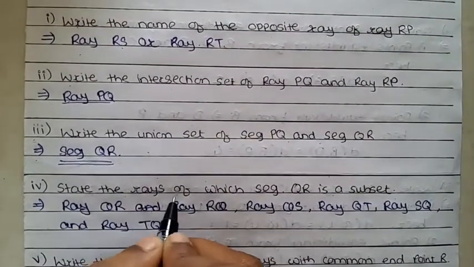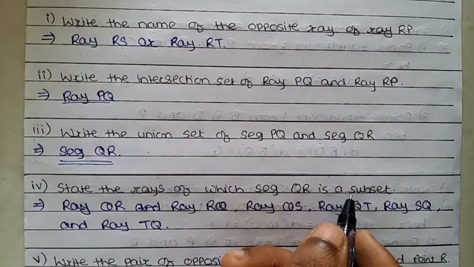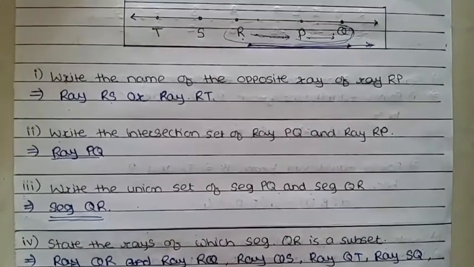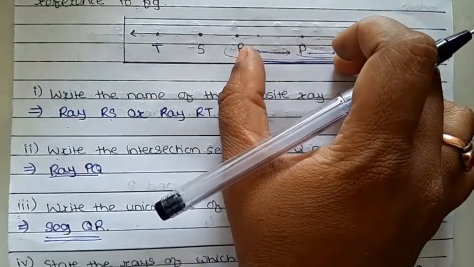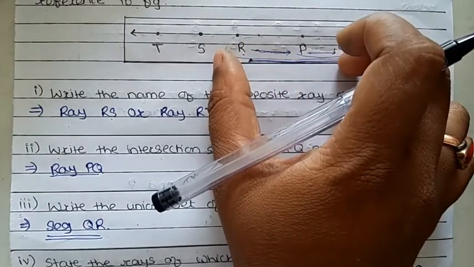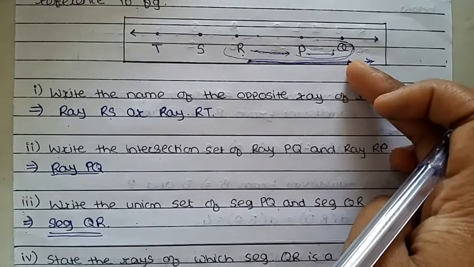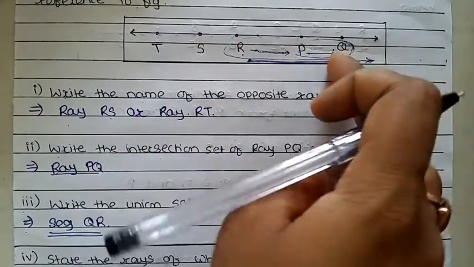Now next, state the rays of which segment QR is a subset. It is a subset of ray QR itself. Next, it is a subset of ray RQ. Then it is also a subset of ray QS and also a subset of ray QT.